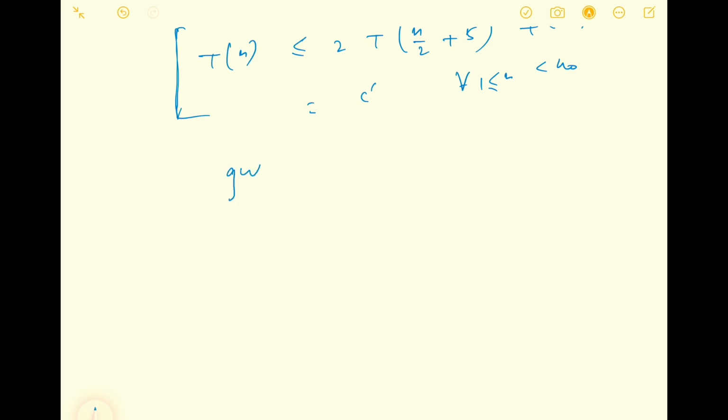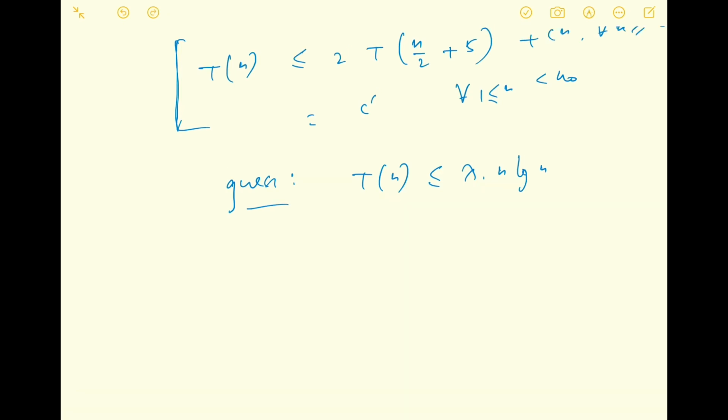So here is our guess: Tn is less than or equal to lambda times n lg n. If I write lg, that means the base is 2. So Tn is less than or equal to lambda n lg n for some constant lambda.